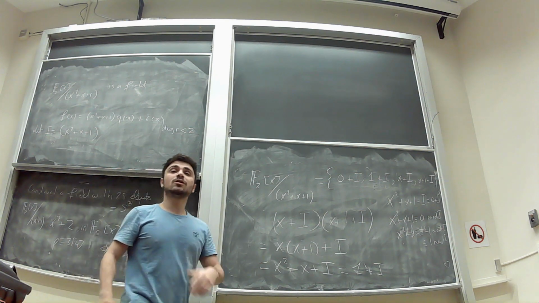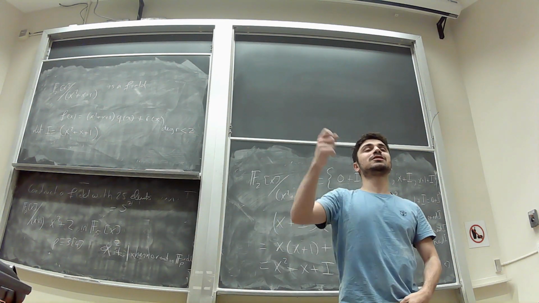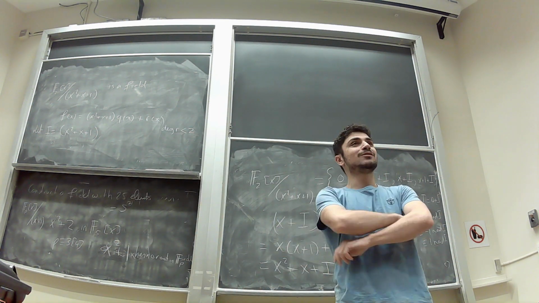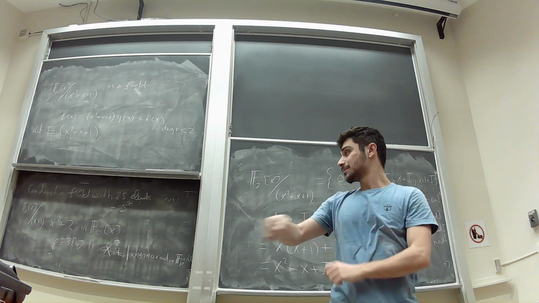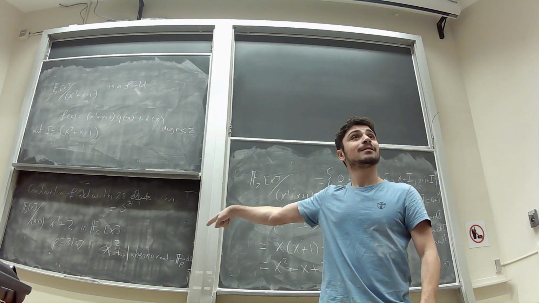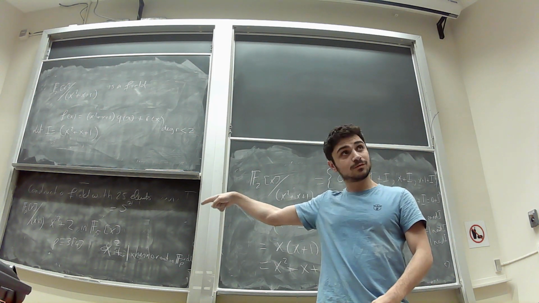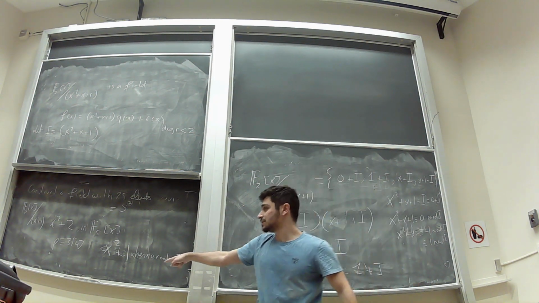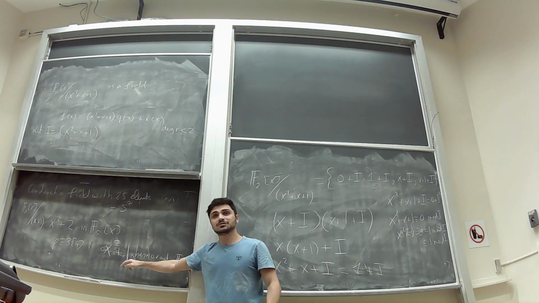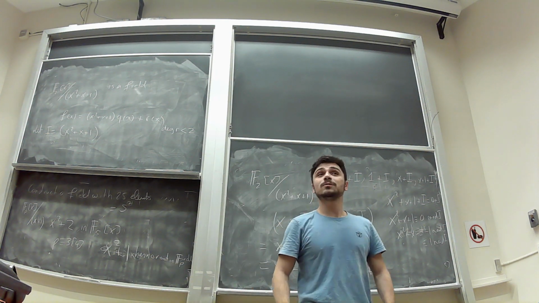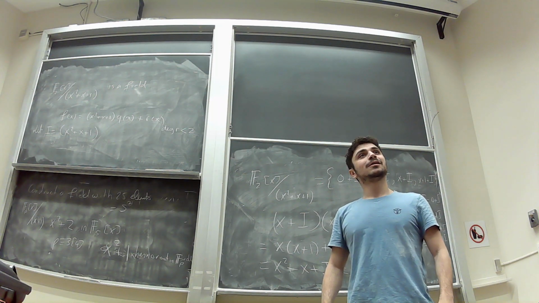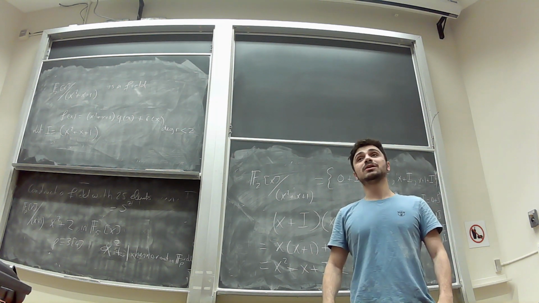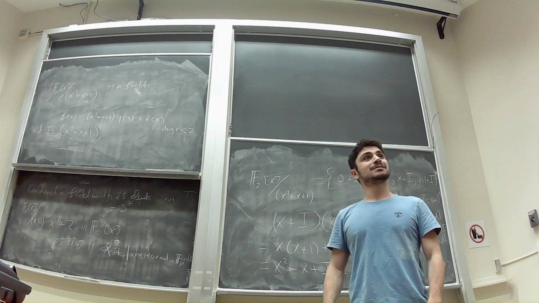If I tell you construct a field with 103 squared elements, how do you do that? 103 is a prime. Do you know what's an irreducible polynomial of degree 2? This one, x squared plus 1. So if p is congruent to 3 mod 4, x squared plus 1 will be irreducible in Fp[x].